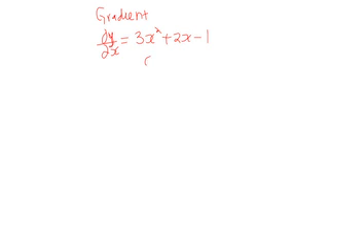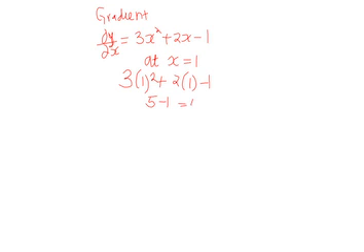Now we substitute the value of x as x equals 1. So we'll have 3 into 1 squared plus 2 into 1 minus 1. So this is 5 minus 1, which is equal to 4.